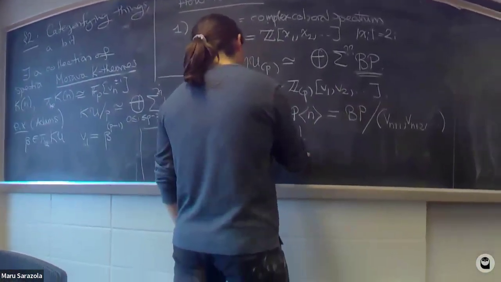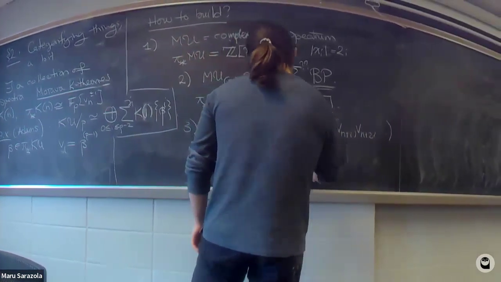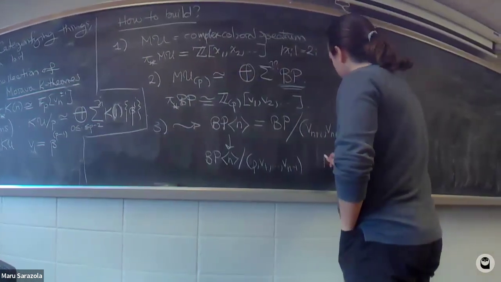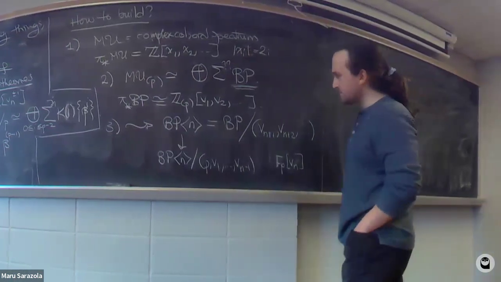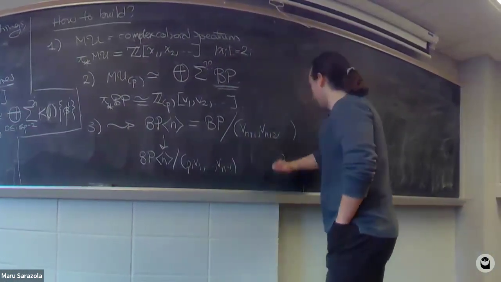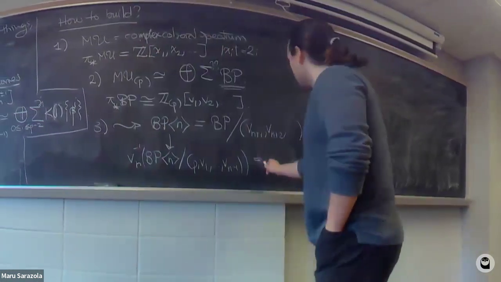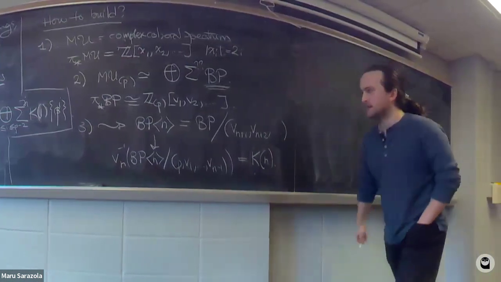So you could take BP⟨n⟩ and mod out by, let's say, p, v_1, up to v_{n-1}. And this thing is going to have homotopy which looks like F_p adjoined v_n. And so all you have to do is invert this v_n element which lives in here. And this is one way that you could have produced these Morava K-theories.